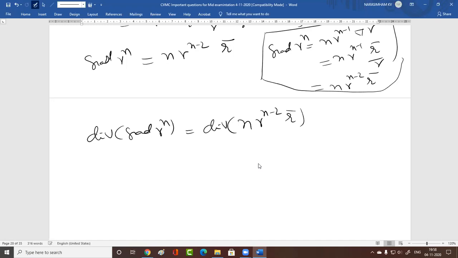If you want to solve it easily, I will show you a simple technique. We can apply the previous technique, the previous result: divergence of r power n into r bar equals n plus 3, I think.